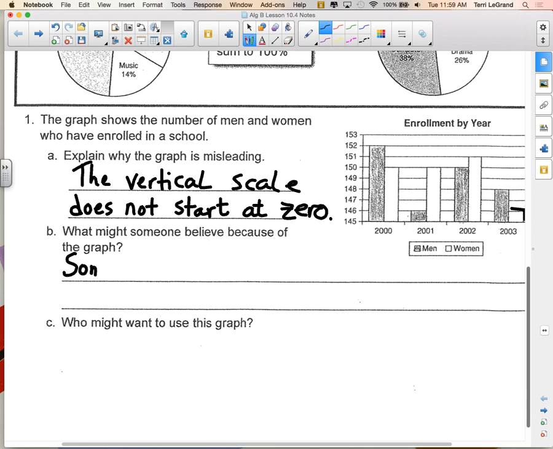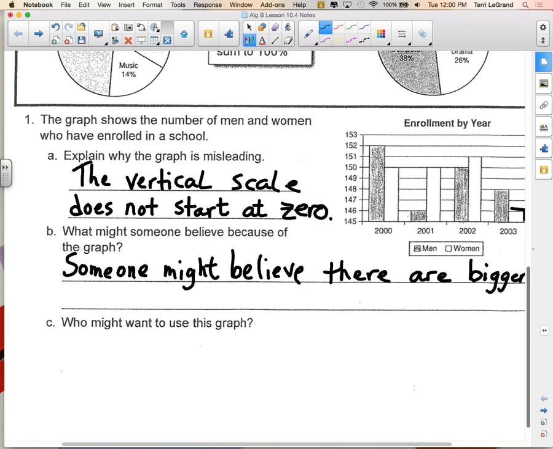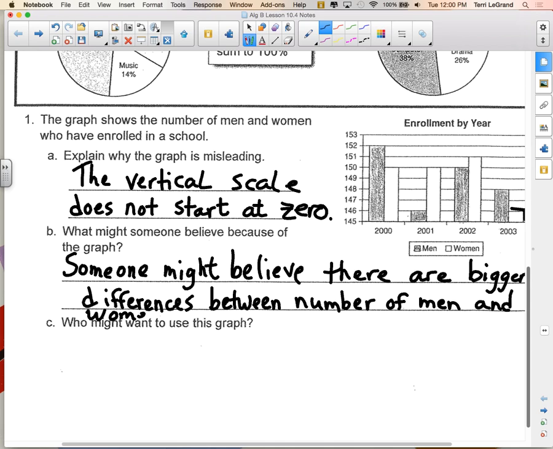Someone might believe there are bigger differences between number of men and women enrolled than there are.